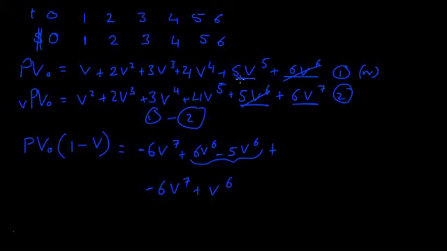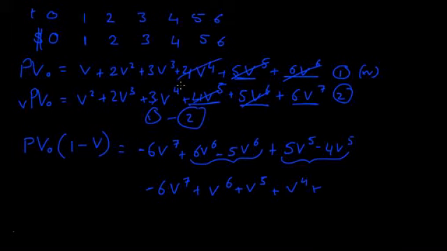Now we've got 5v to the 5 minus 4v to the 5. Sorry, I said 4 before. So that bit over there is just going to be v^5. So they're gone, and that's going to happen there. 4v^4 minus 3v^4 is just v^4.